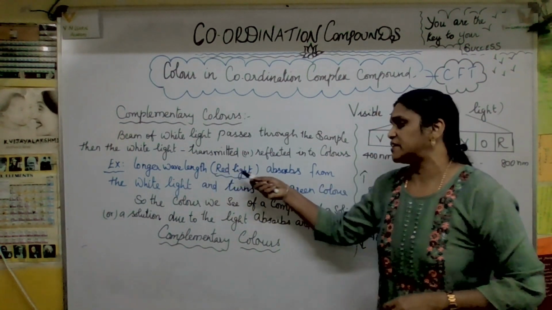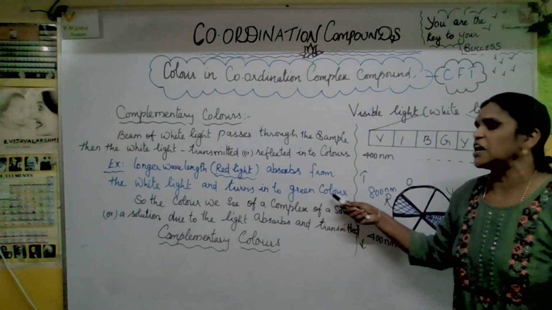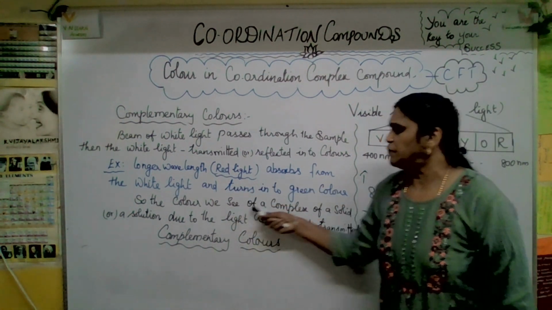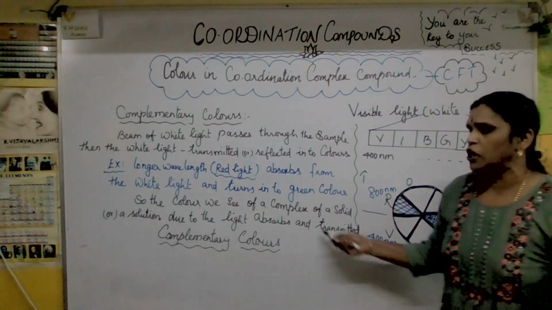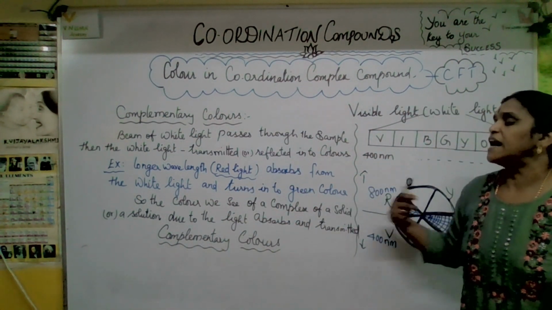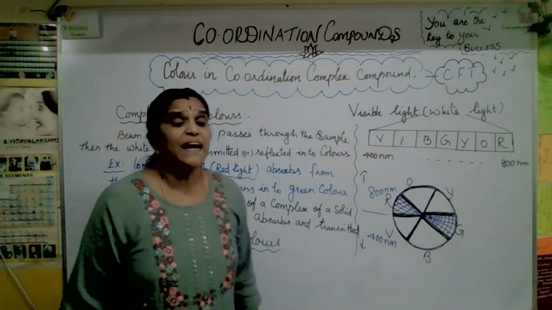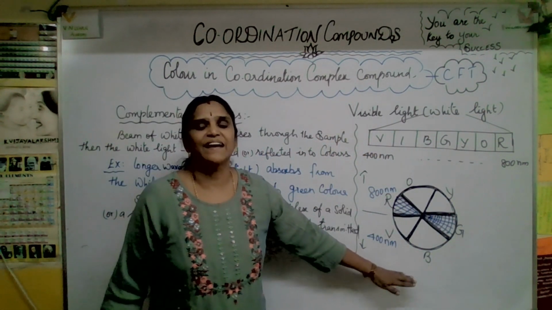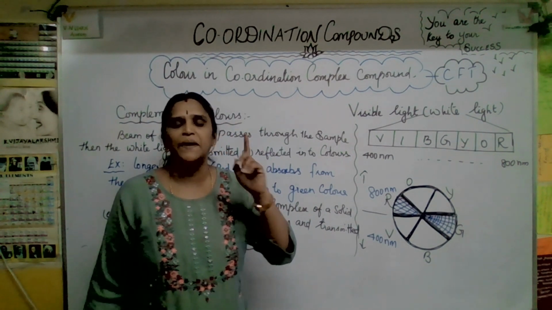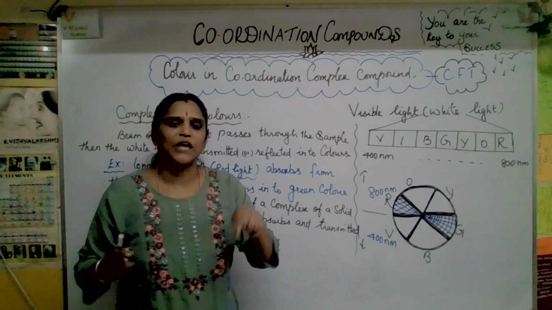Longer wavelength red light is absorbed from the white light and it turns into green. The color we see in the complex, as a solid or in solution form, is due to the light absorbed and transmitted. That is called complementary colors. That is the clear idea for you to remember: ROY up, VBG down.